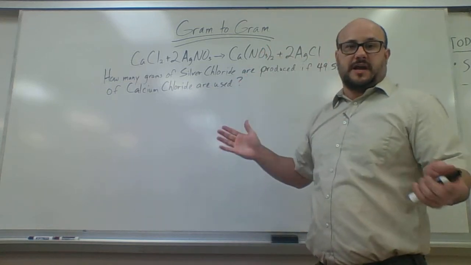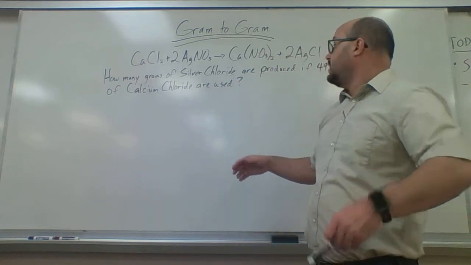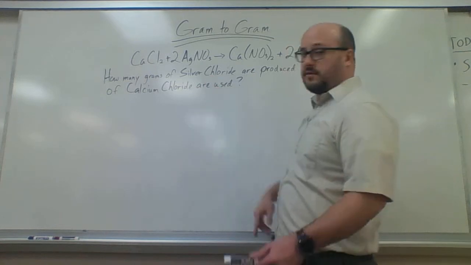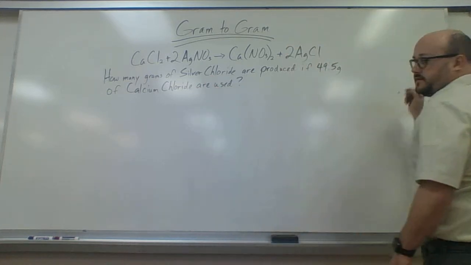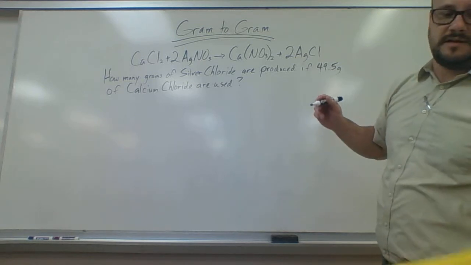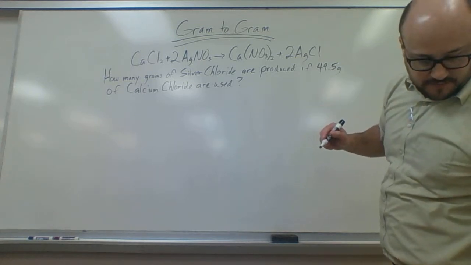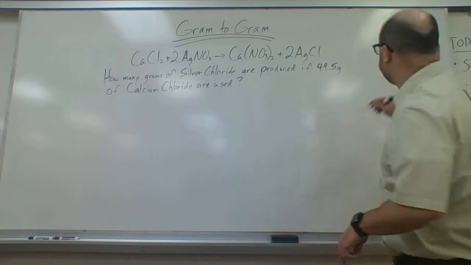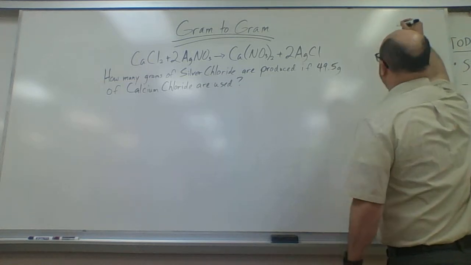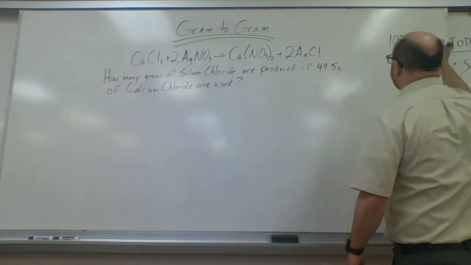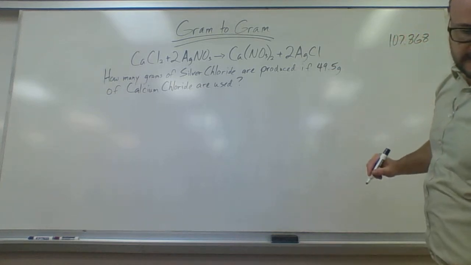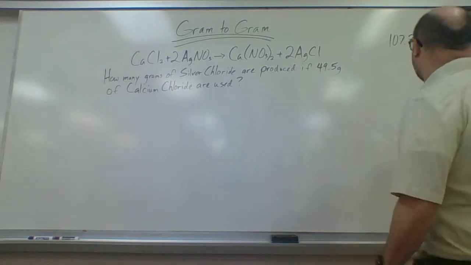First step, you have to find your molar mass. Now, the molar mass of silver chloride, not too complicated. Silver, as we know, has an atomic mass of 107.868, and there's one atom, and chlorine has a mass of 35.453.